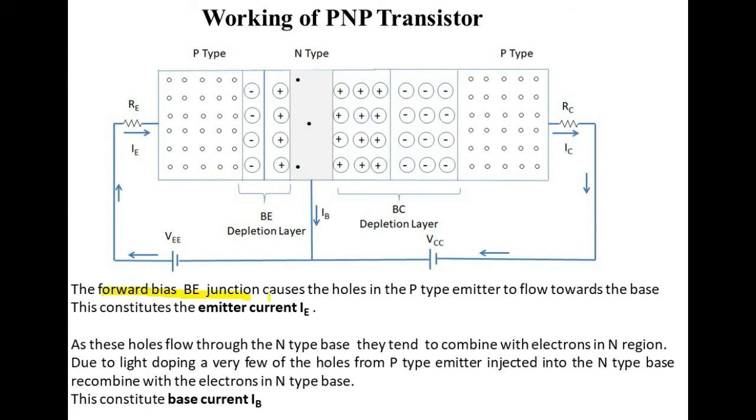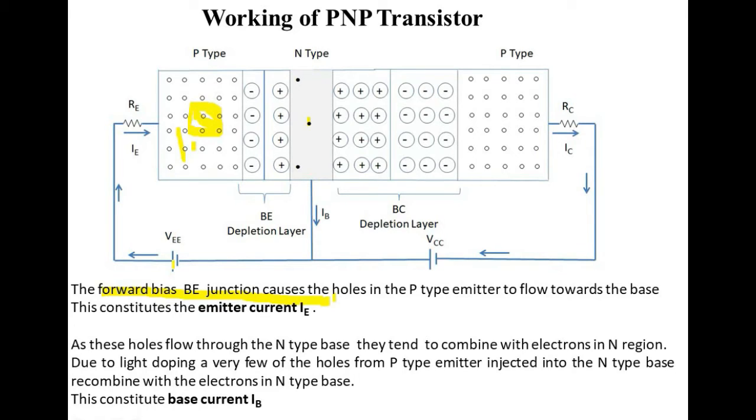The base to emitter junction is forward biased. Here we notice that this is the P-type emitter and these are the holes. The forward biased emitter base junction causes the holes in the P-type emitter to flow towards the base, because holes are positively charged.